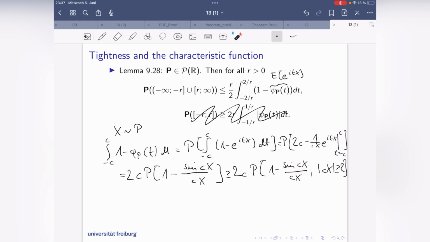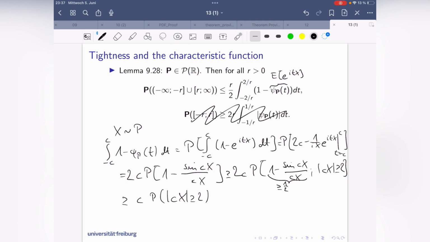So this here is bigger than 2 and sine is smaller than 1, which means here that the whole thing here is bigger or equal than half. Like this. So it's bigger or equal than c times the probability that the absolute value of X is bigger or equal than 2.